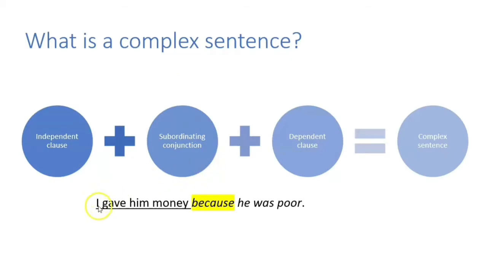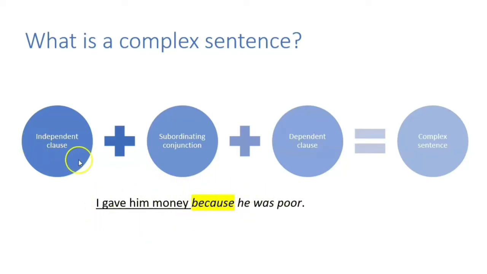For example, I gave him money because he was poor. Remember that these words such as because are called dependent markers. So this is a dependent clause and this is an independent clause joined by because. I gave him money أنا أعطيته مصاري because he was poor لأنه هو كان فقير.